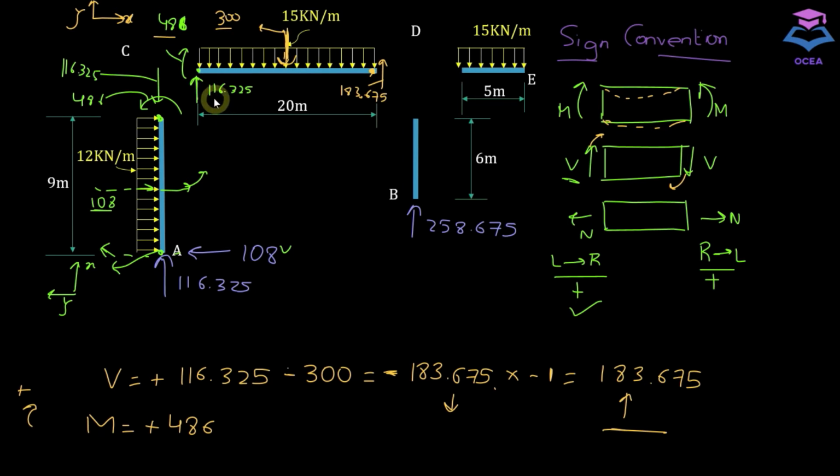And we have this force 116.325 which is creating a clockwise moment, so this is also going to be positive, 325 into 20. And this moment 300 has a perpendicular arm of 10 meter, and this is creating a counterclockwise moment, hence negative.